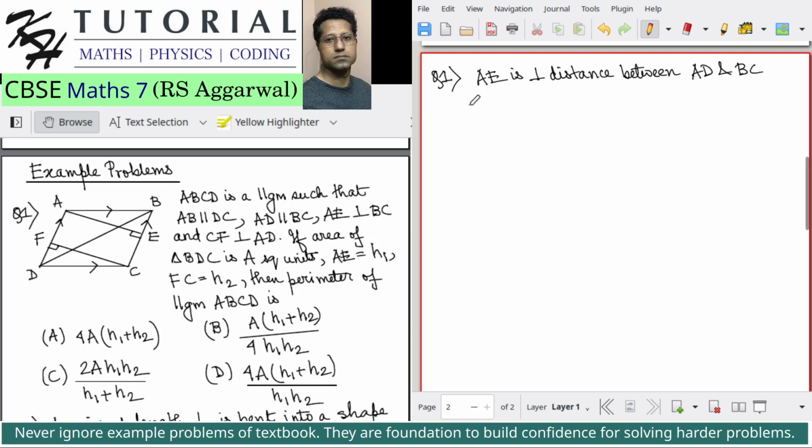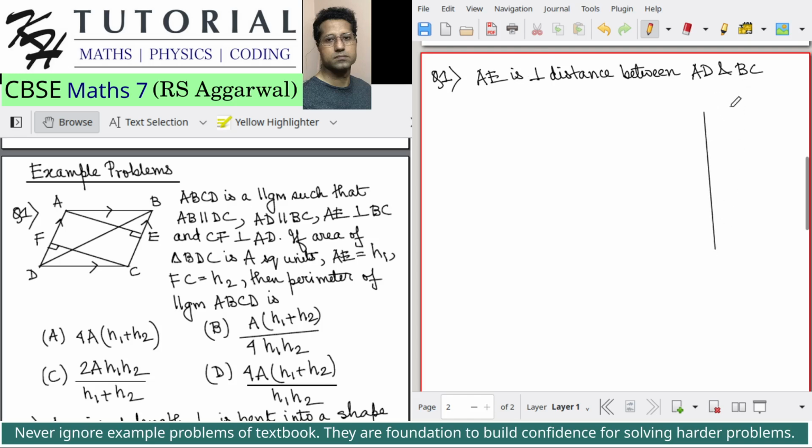Now please note that since it is only given in the problem that AE is perpendicular to BC, AE will also be perpendicular to AD, because AD and BC are parallel.